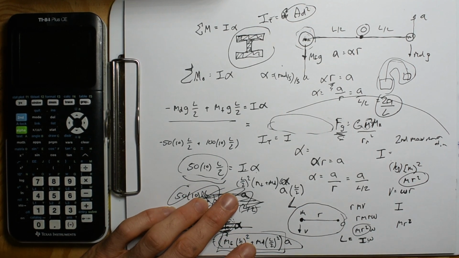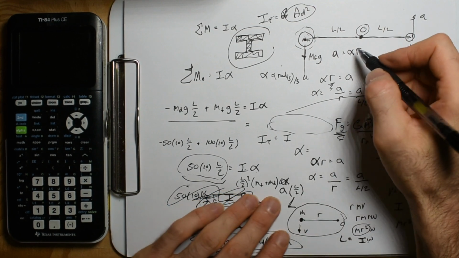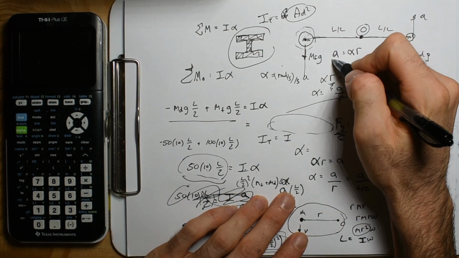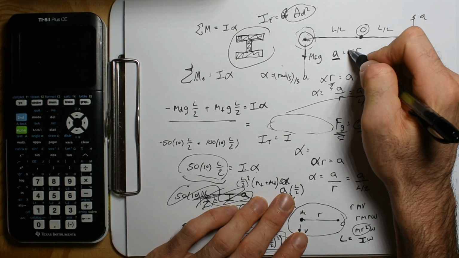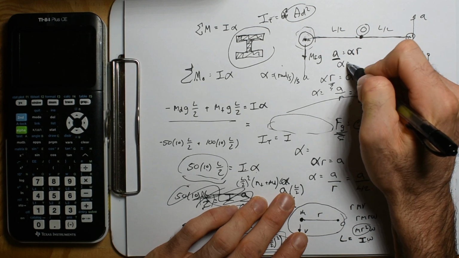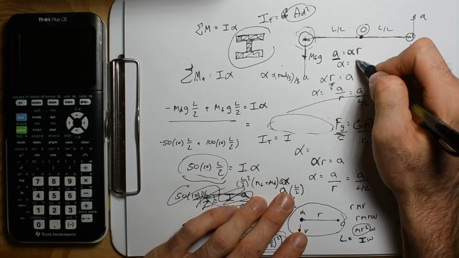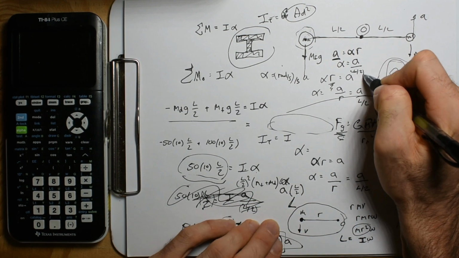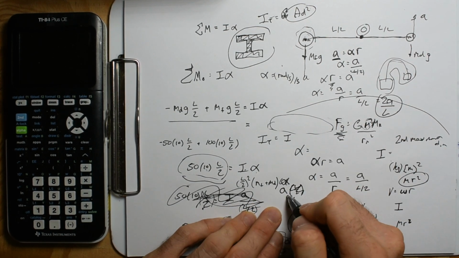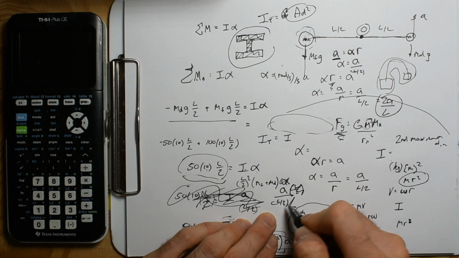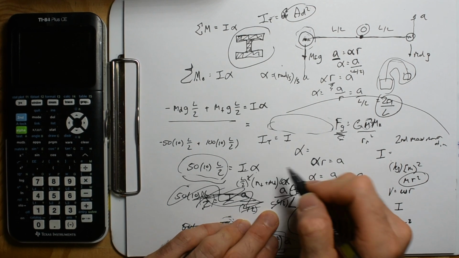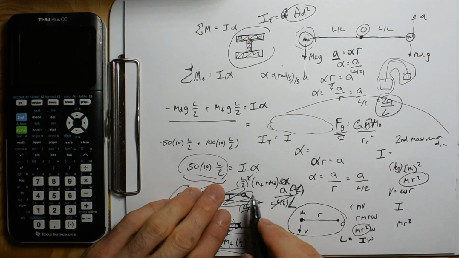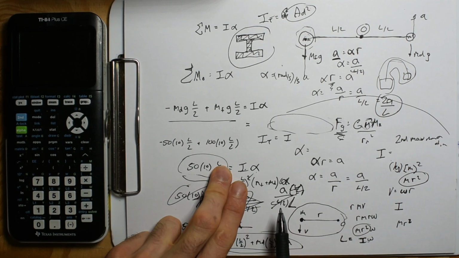My apologies. If something normal is alpha times r, alpha itself is the acceleration divided by the radius, which is L divided by 2. So this is acceleration divided by L divided by 2. This cancels one of them, and those cancel on both sides.